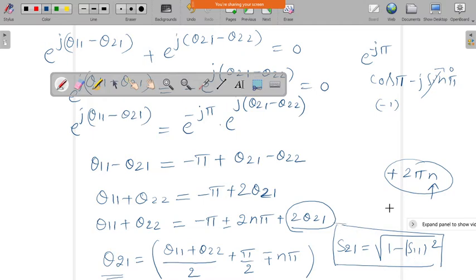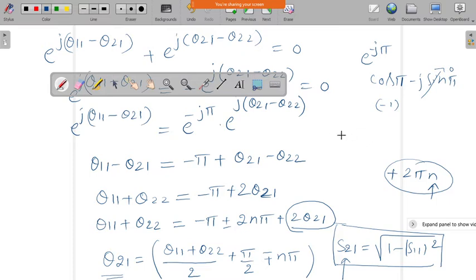Since it is a symmetrical and reciprocal network, if we know one parameter, then we are able to find out the other parameters. Here we have gone for S11 because S11 is not difficult to calculate, as it is the input reflection coefficient.